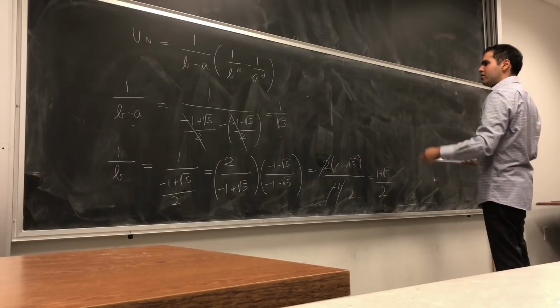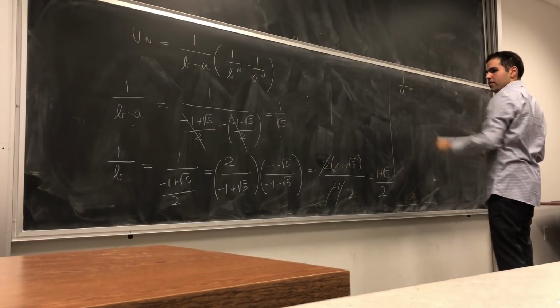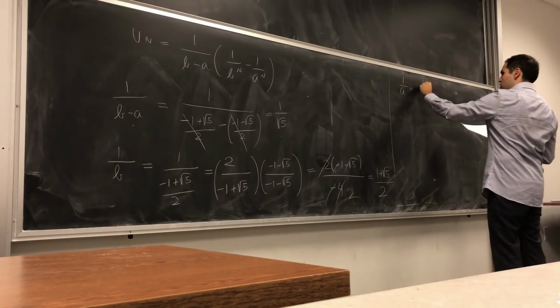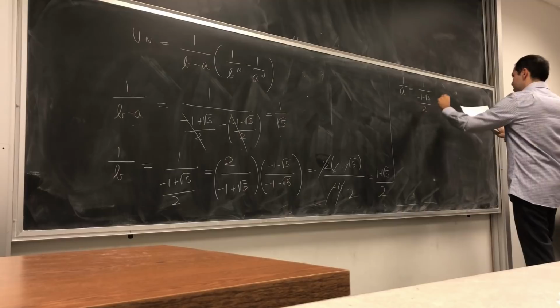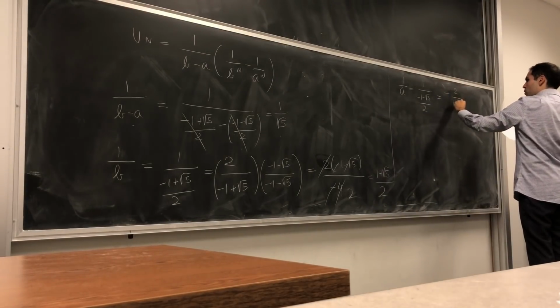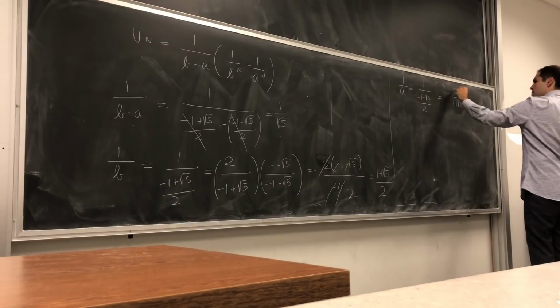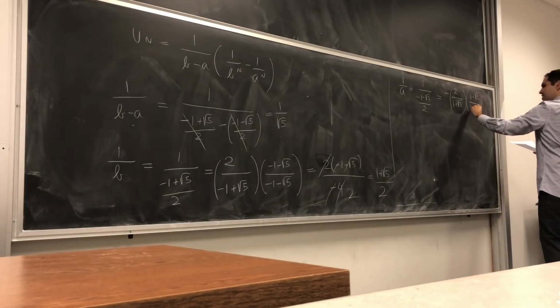And similarly for 1 over a, right, that's 1 over minus 1 minus square root of 5 over 2. And that becomes minus 2 over 1 plus square root of 5 multiplied by the conjugate.